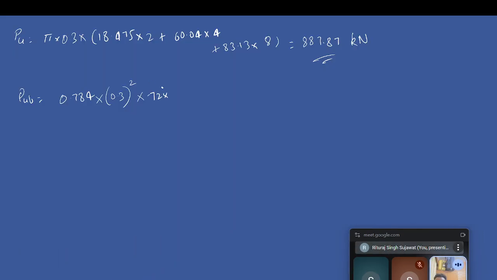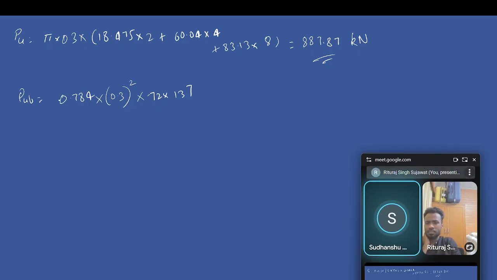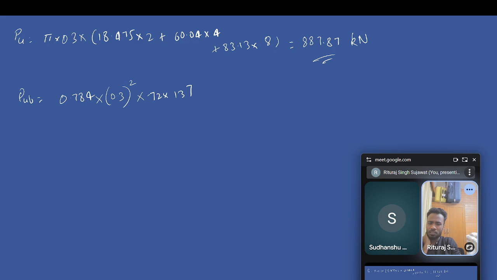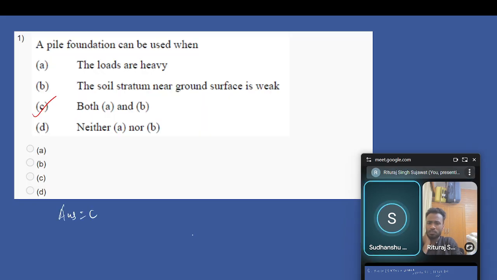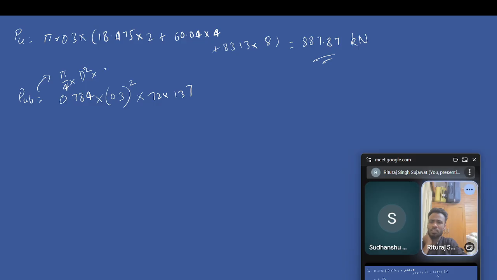NQ is 137. Did you get this? This is basically this expression, pi by 4 d square Q and Q.